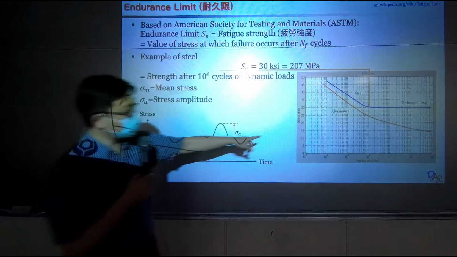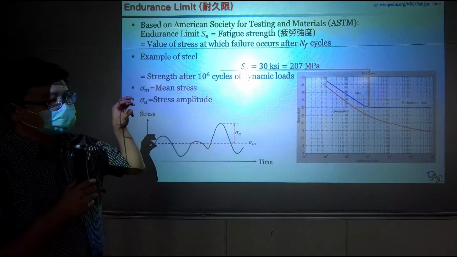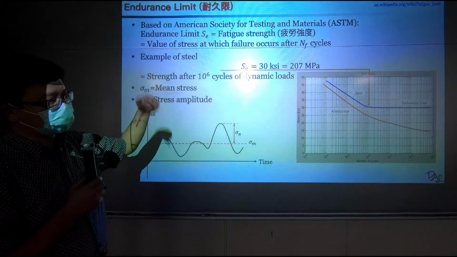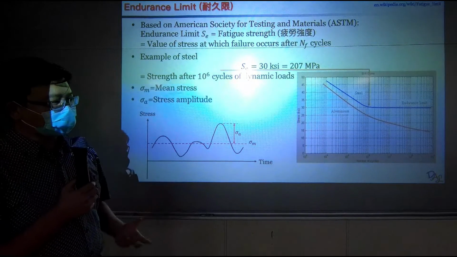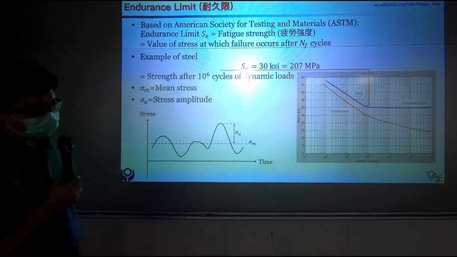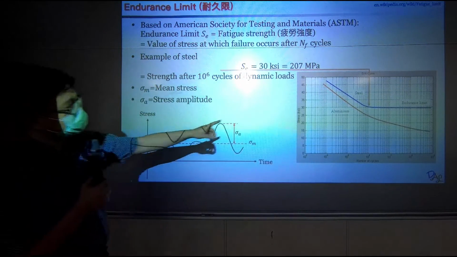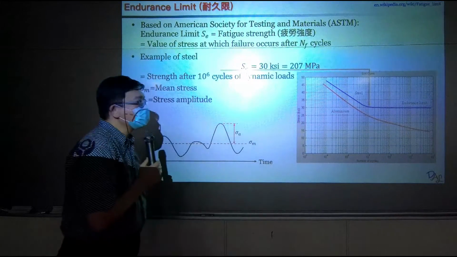So this is one example for how the strength of a material can drop when it's under a number of cycles of dynamic loading. Take steel and aluminum as examples.